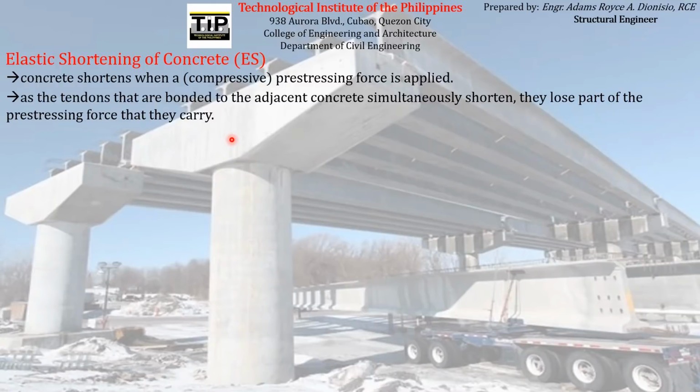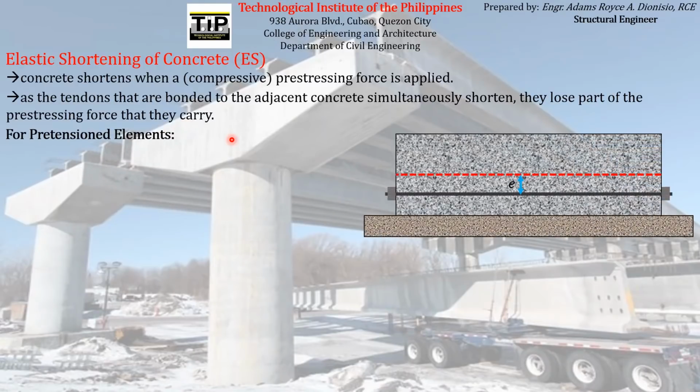So to illustrate the method to compute the magnitude of the prestress loss due to elastic shortening of concrete, let's start with the case of pretensioned elements. Let us just recap the setup for pretensioning. It looks like this. This is the stage wherein the prestressing reinforcement is already cut.